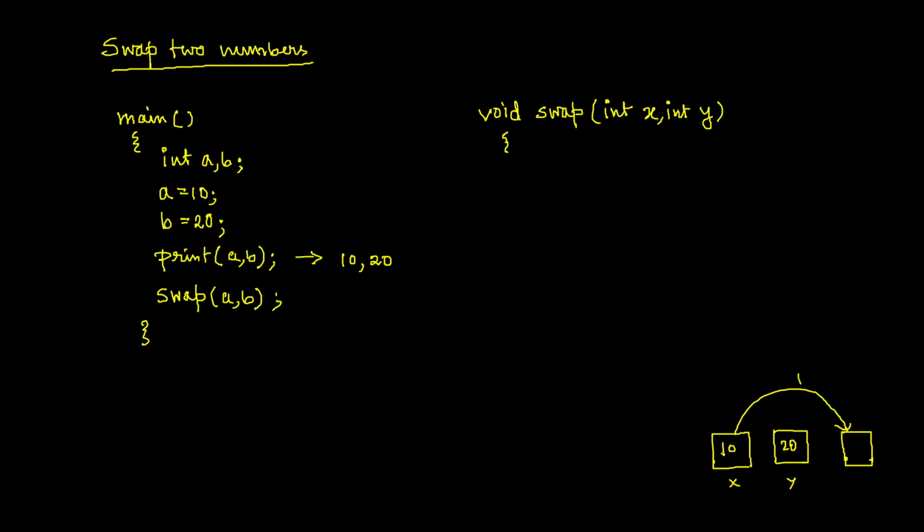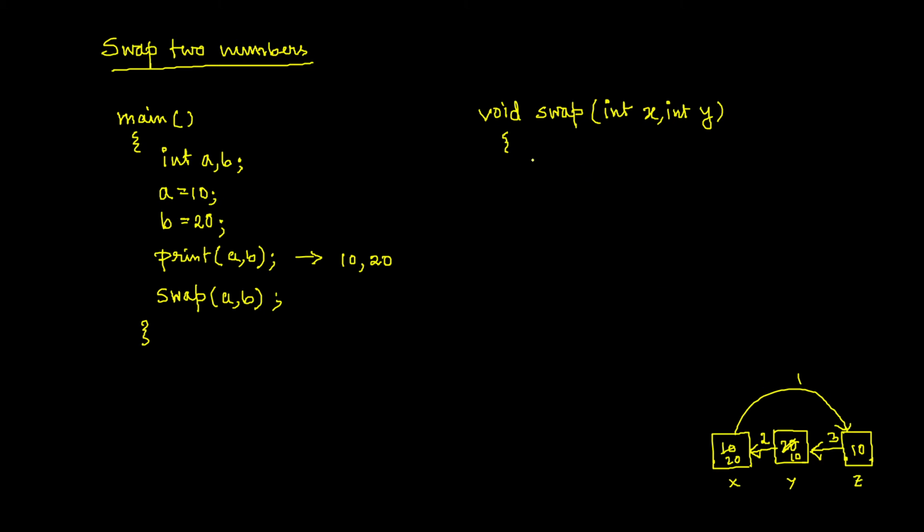So 10 will vanish from x and be here. Now I can transfer this 20 over here, so 20 will come and vanish. And then I will pass 10 over here. So basically 3 lines of code for swapping. Let's name it z.